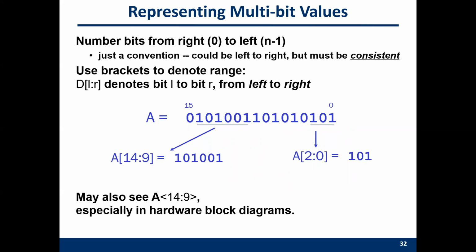You can consider it as a short variable in C. And you can use this expression to indicate the bits from 9 to 14, and this is the bit 0 to bit 2. You can also use this expression to represent it.